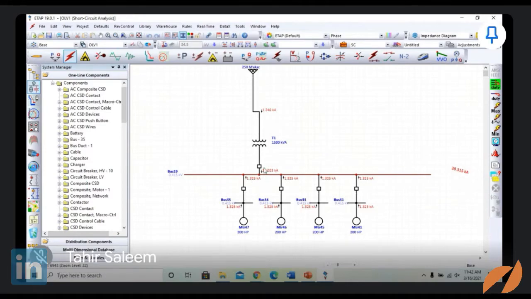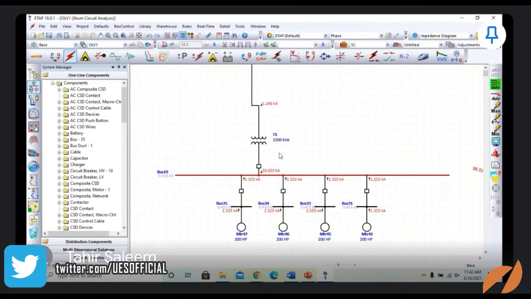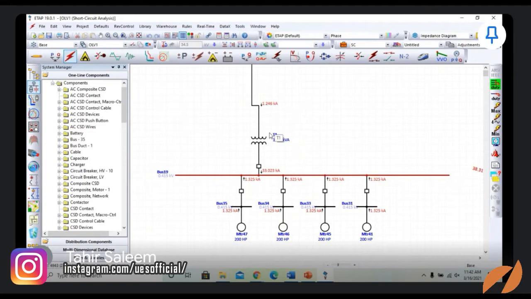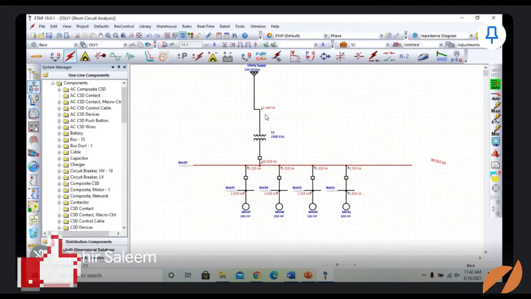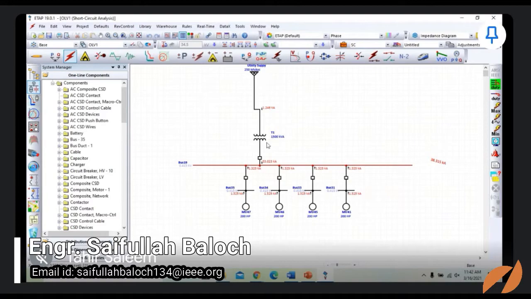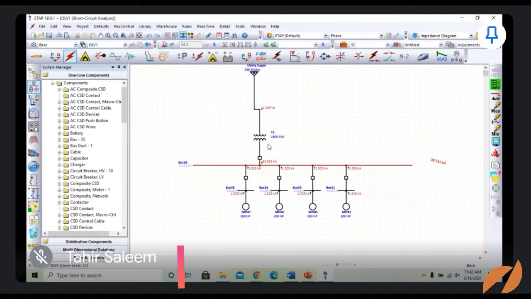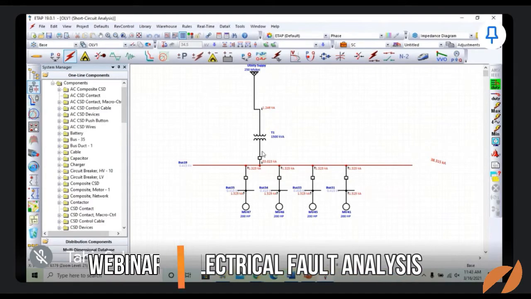Now the transformer, as we know, transforms voltage from a higher level to a lower level, or from a lower level to a higher level. Here we have used a step down transformer, which steps down the 11 kilovolt supply to 415 volts on the secondary.